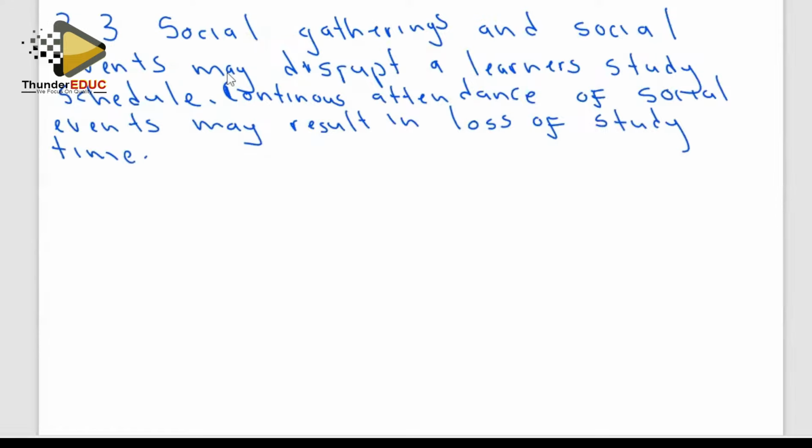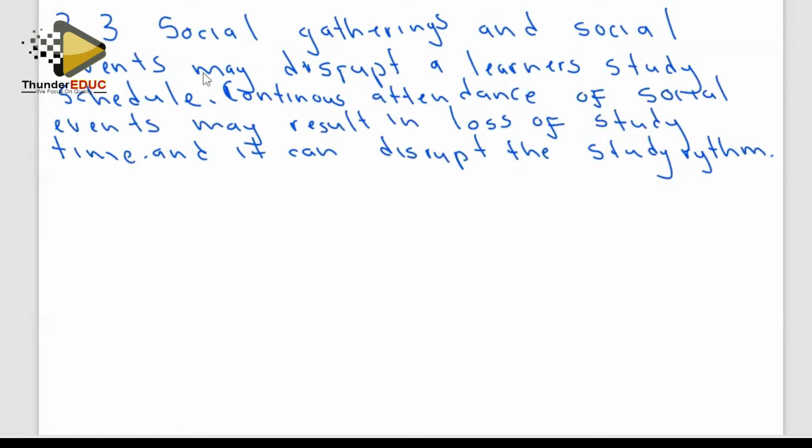So it can result in the loss of study time, and it can also disrupt the study rhythm. So that is the first social factor which we can include.